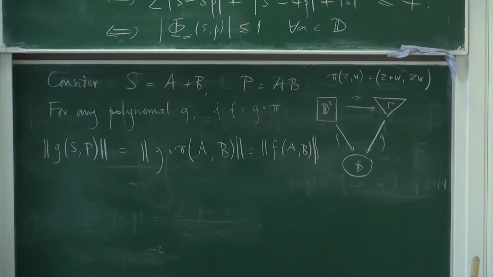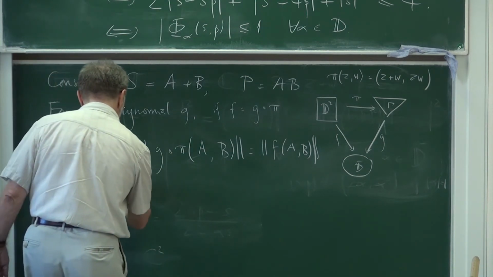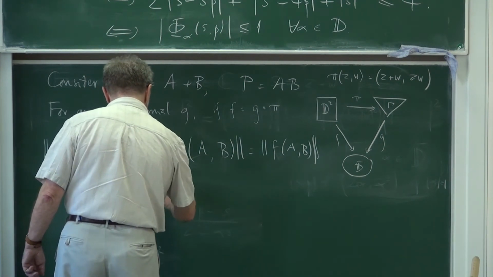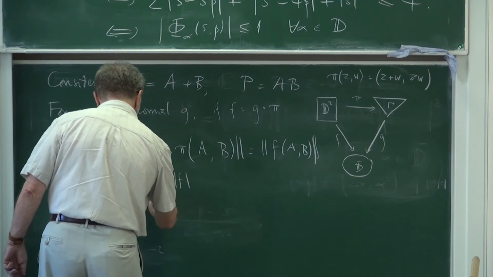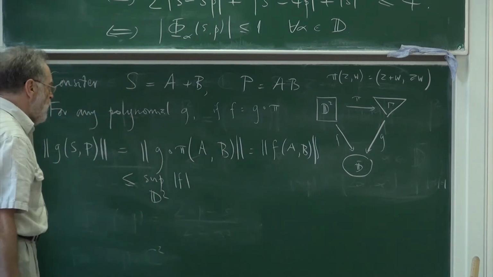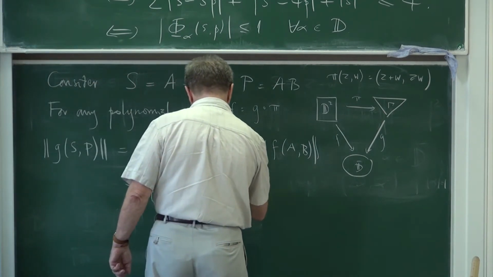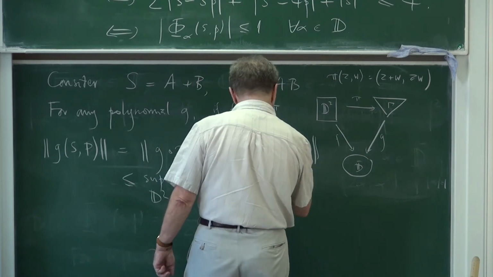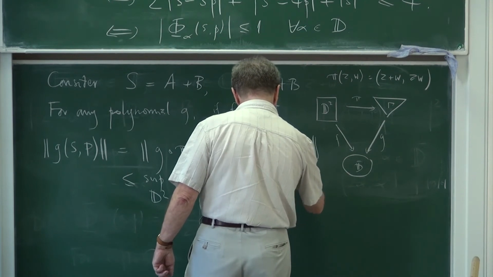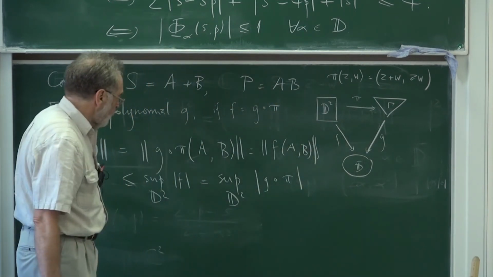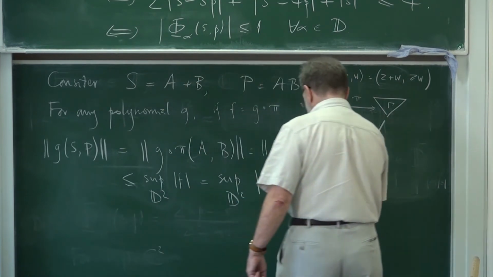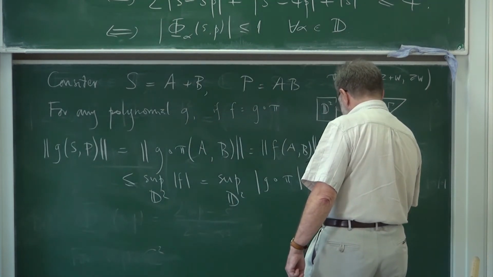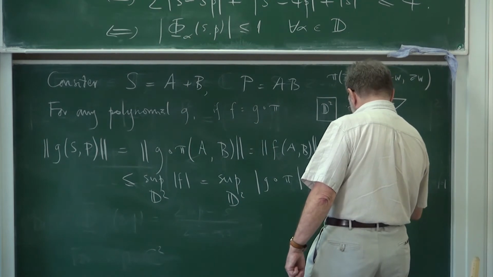But now we've just seen from Ando's theorem that that's bounded by the sup of mod F over the bidisc. So that's the sup over the bidisc of the modulus of G circle pi. And so that's clearly the same as the sup over gamma of mod G.